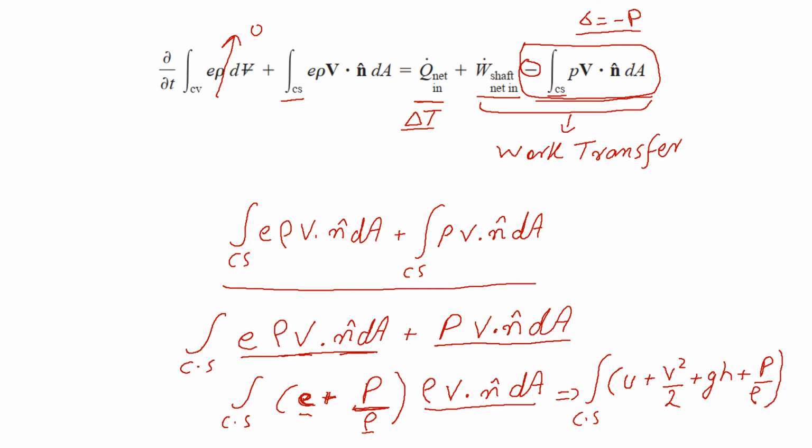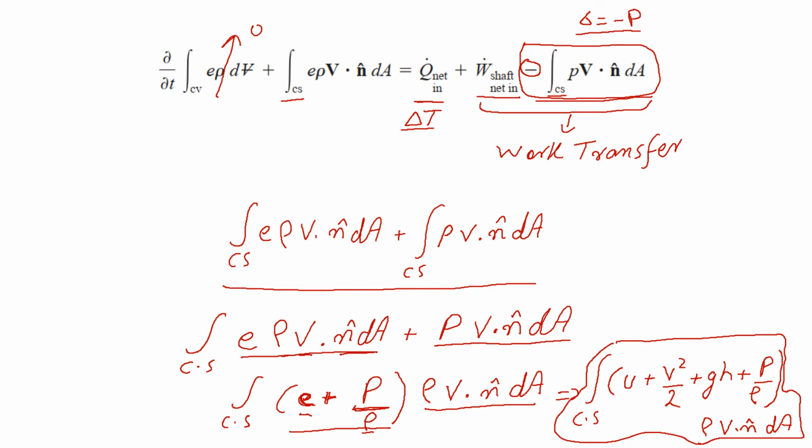This term will be multiplied by rho V dot n dA. So this is what my control surface integral will look like in this Reynolds transport theorem, by making some simplifying assumptions and putting in some values.